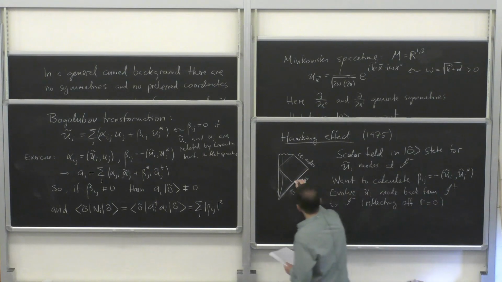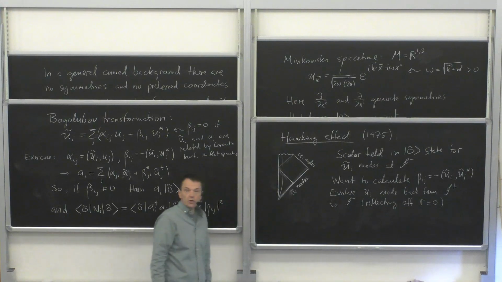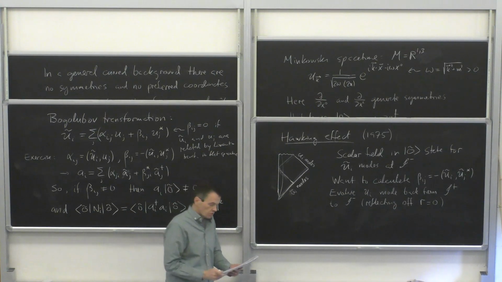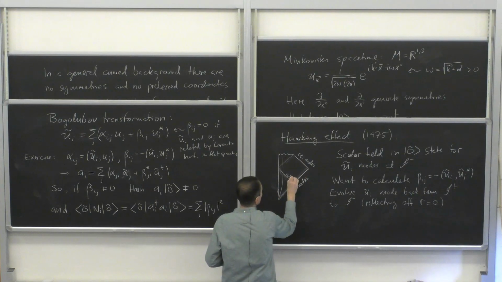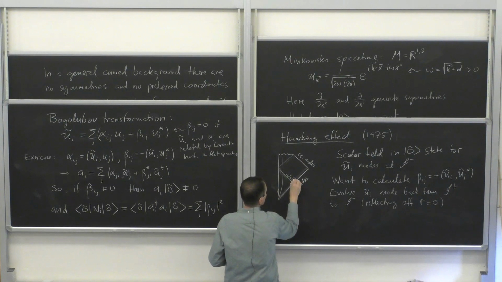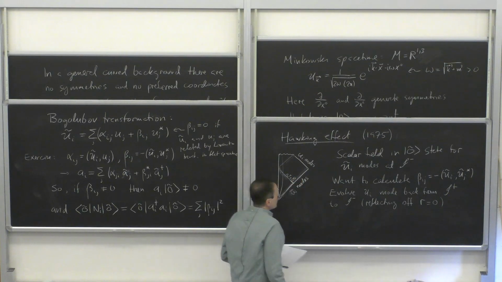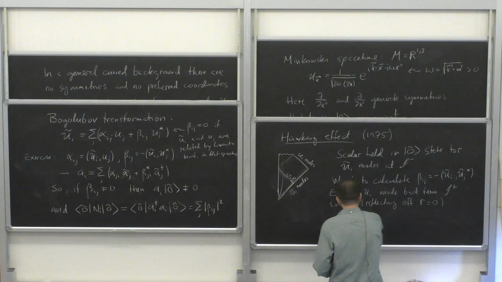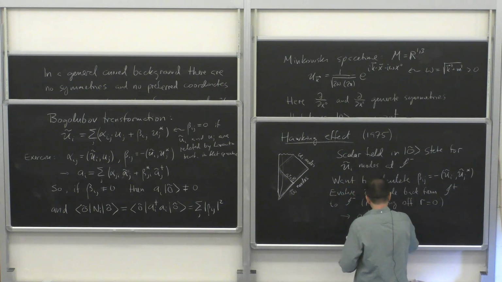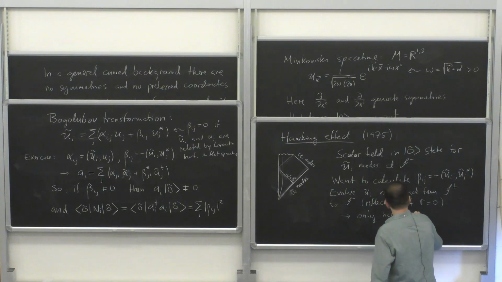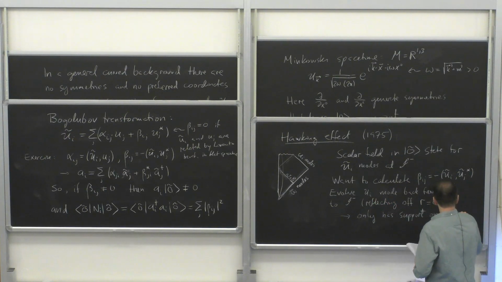And then if this line here, remember, if I'm using the u and v coordinates that were appropriate to the null combinations of coordinates in Minkowski space, this will be what you call v equals b. It's some constant that I'm going to call b. This mode then will only have support for little v less than b.